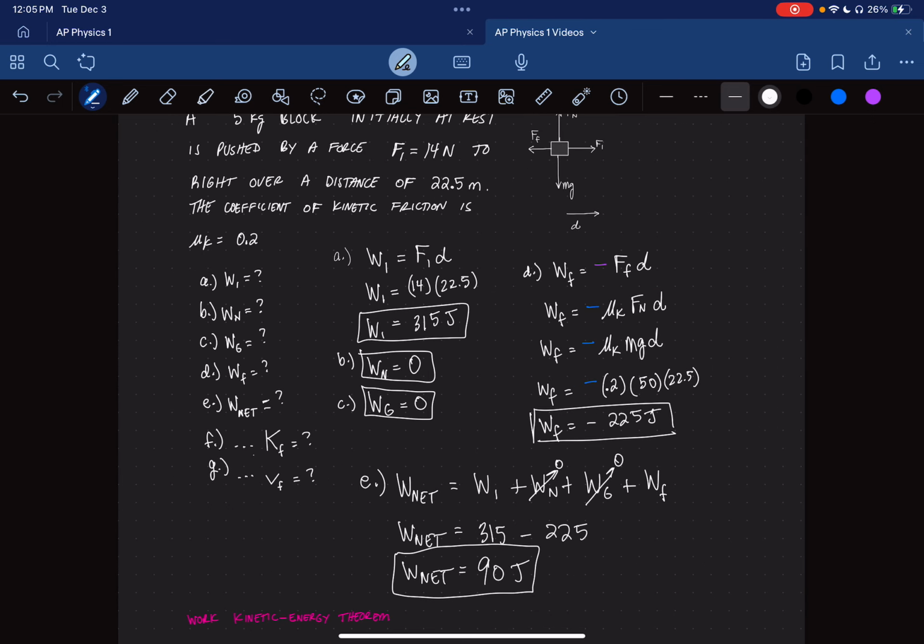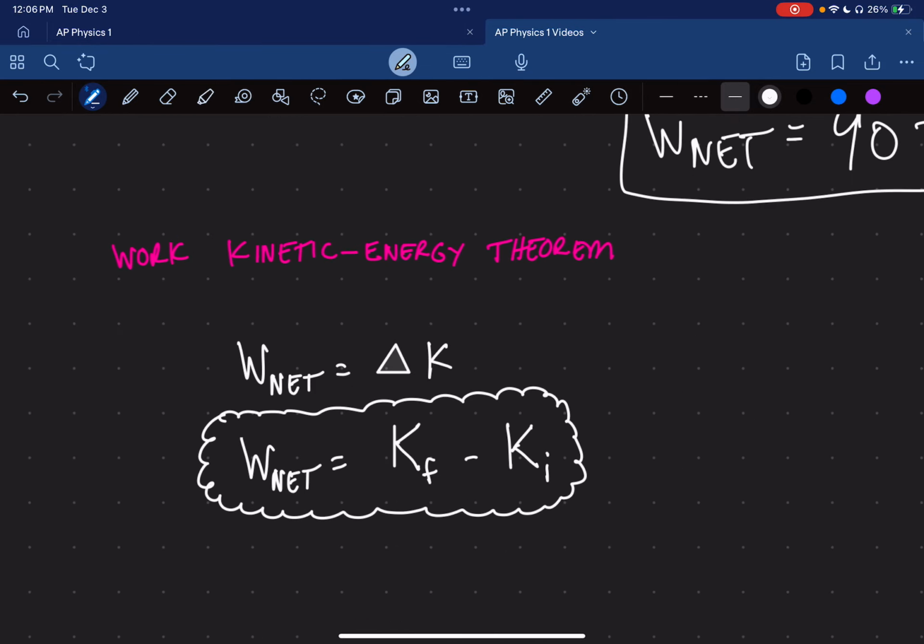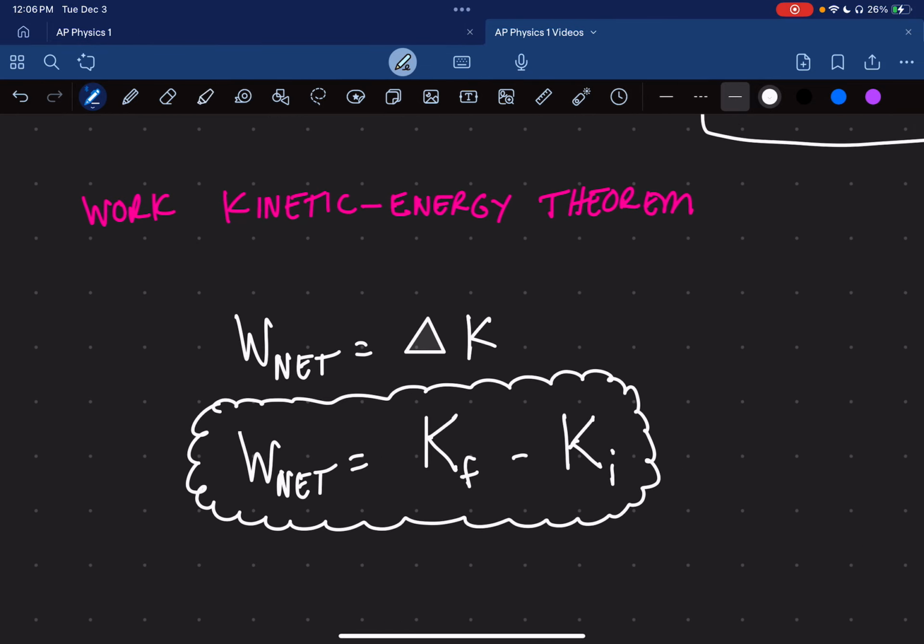So question F is, what is then the final kinetic energy of the block? And G is, what is the final speed of the block? But we should write this down first. So this is called the work kinetic energy theorem. It's an equation.